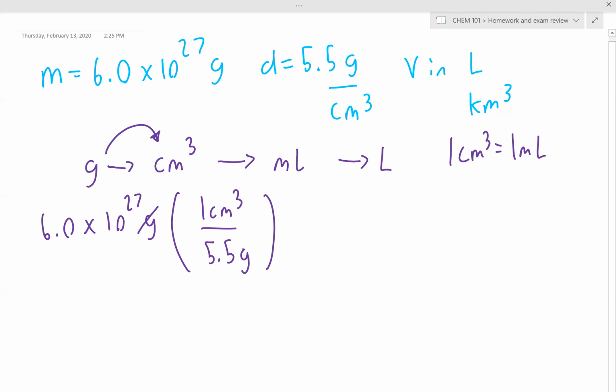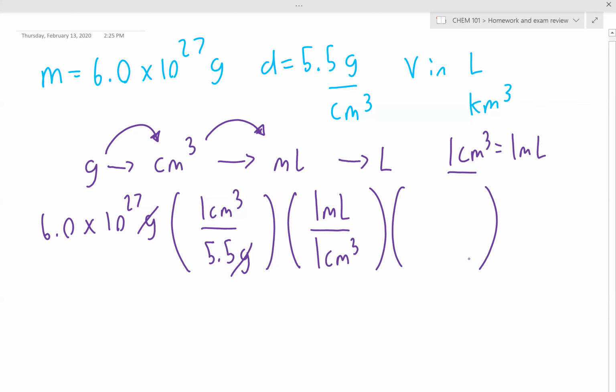So grams cancel, perfect. I'm going to set this up as a one-line conversion because there's no reason to not just write out all of my conversion factors. If I'm going from centimeters cubed to milliliters, what goes on top? Milliliter. So we have 1 milliliter per how many centimeters cubed? 1. Now, the last portion of our conversion requires us to remember metric to metric conversions.